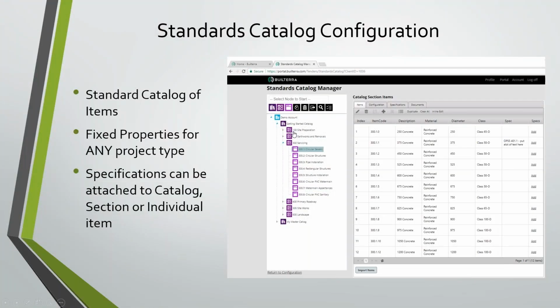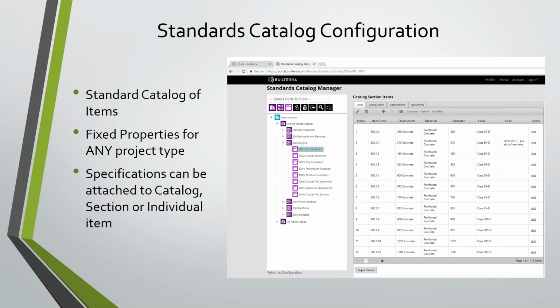So let's start off by looking at the standards catalog configuration. This is the guts of how the system works. In other words, you'll have a standardized catalog online, and this comes from your master list of items in the contract administration department. So this is a nice clean look at the pipe network.